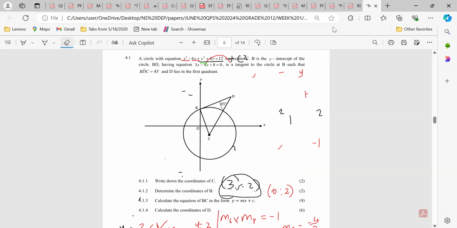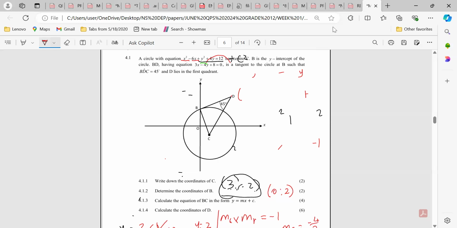It's BT and CD. So this is a point of intersection, meaning we just have to get this equation, which we already have. What is this equation?